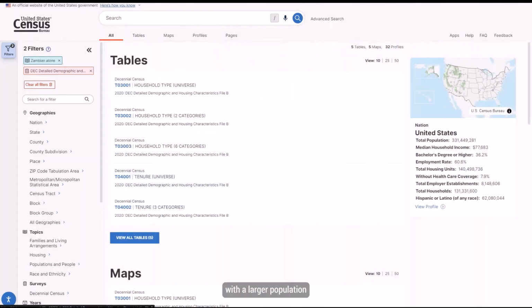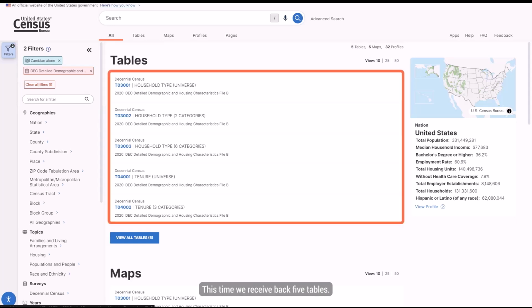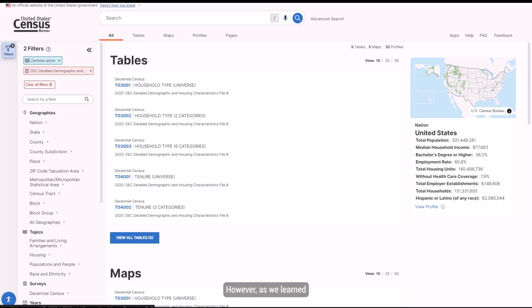Let's try an example with a larger population in the US to see what tables we get back for that. Now we're looking at data for people in the US who reported their race as Zambian alone. This time, we receive back 5 tables. However, as we learned in the last example, regardless of how many tables appear in the results, we should only expect to see data in 2 of them.